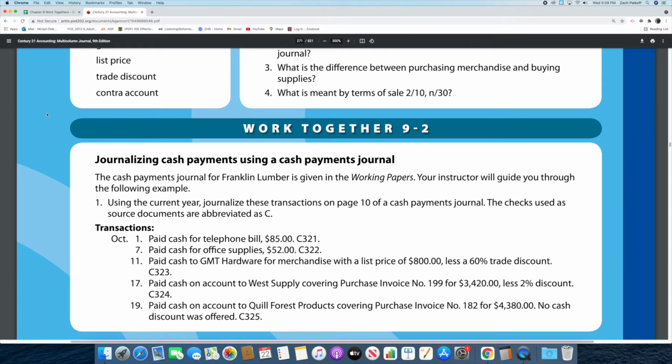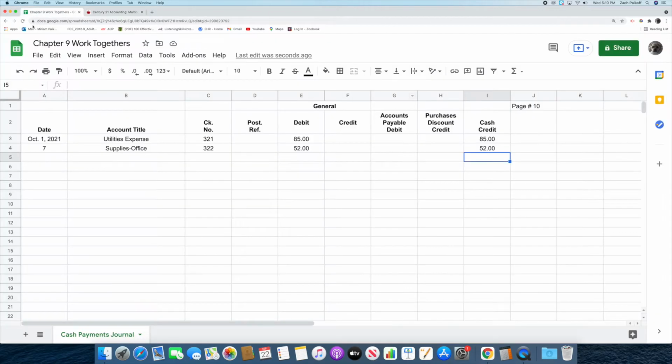This next transaction reads, on October 11th, paid cash to GMT Hardware for merchandise with a list price of $800, less a 60% trade discount, check number 323. Okay, so for this transaction, again, the first thing that we're going to do is put in the date, which is October 11th, in the date column.